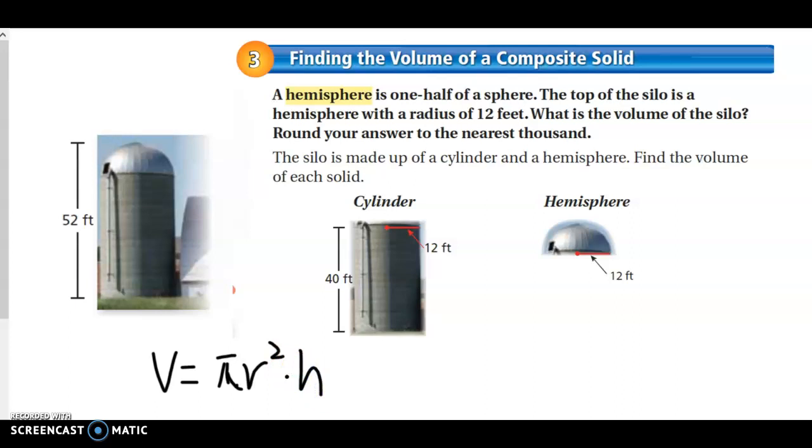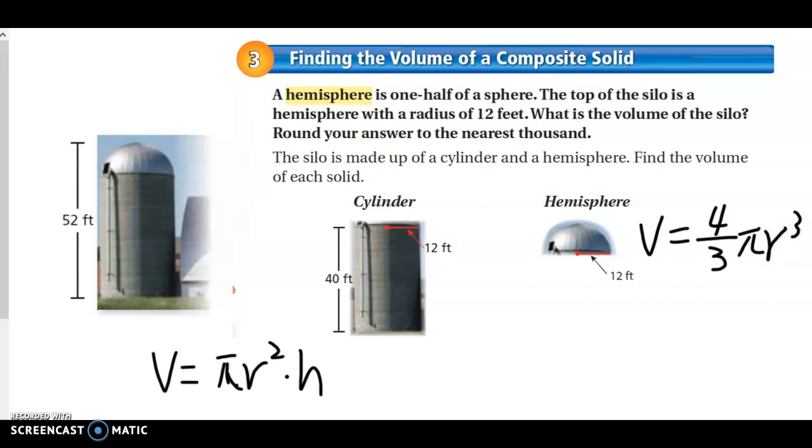We haven't learned about the hemisphere volume, but we do know the sphere volume. The sphere volume will be equal to 4/3 pi r cubed.